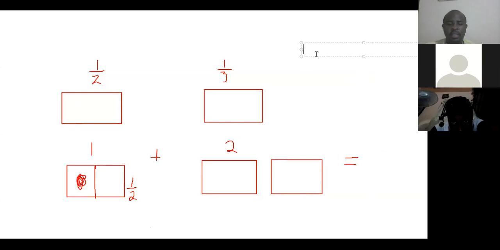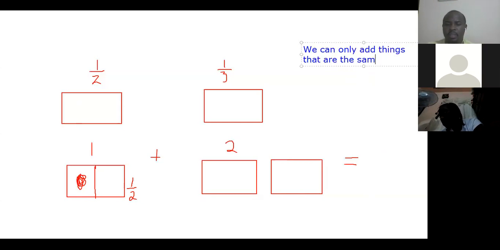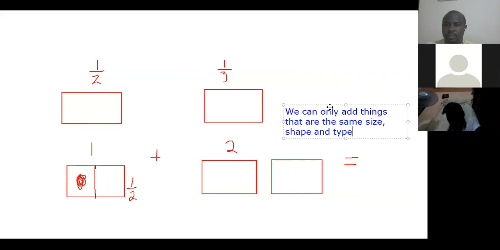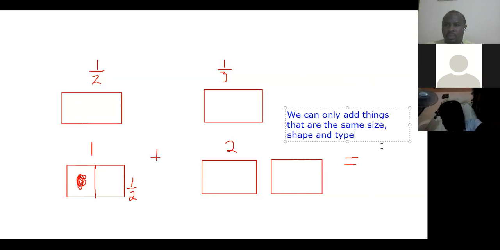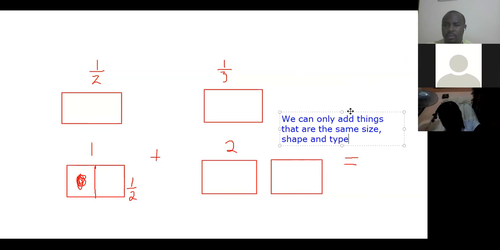We can only add things that are the same size, shape, and type. Okay, Zaria? Make sure you write that down.